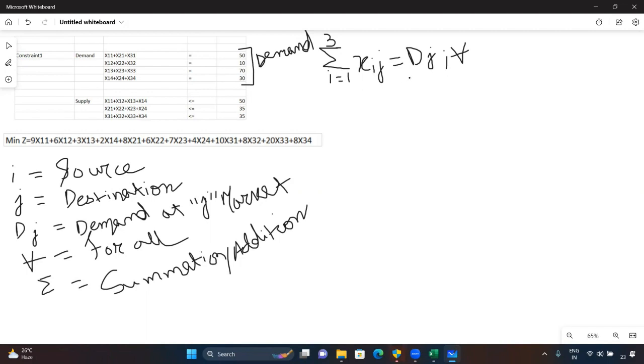So to apply this formula for all the jth markets, that is the destinations, we need to write for all j in set capital J. Now, what is a set?